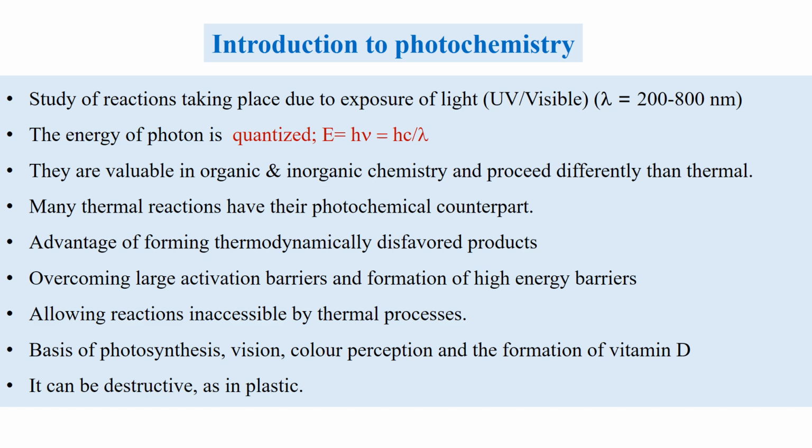First of all, what is photochemistry? As the name shows, photo means light, and the study of chemical reactions taking place in the presence of ultraviolet and visible light is called photochemistry, and such type of reactions are called photochemical reactions.